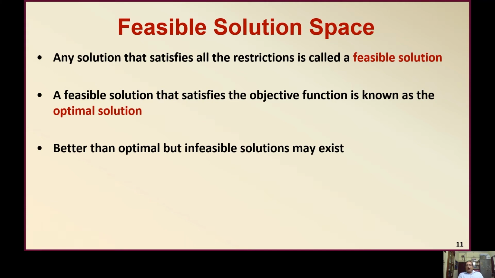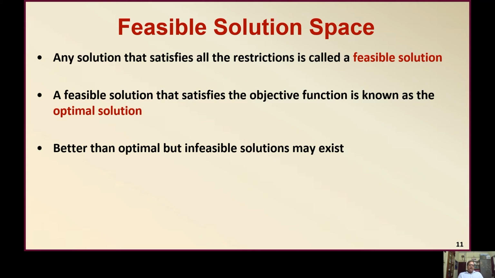What is a feasible solution space? Any solution that satisfies all the restrictions is called a feasible solution. There are several constraints, and the solutions that satisfy all these constraints or restrictions are called the feasible solutions. And a feasible solution that optimizes the objective function is known as the optimal solution.